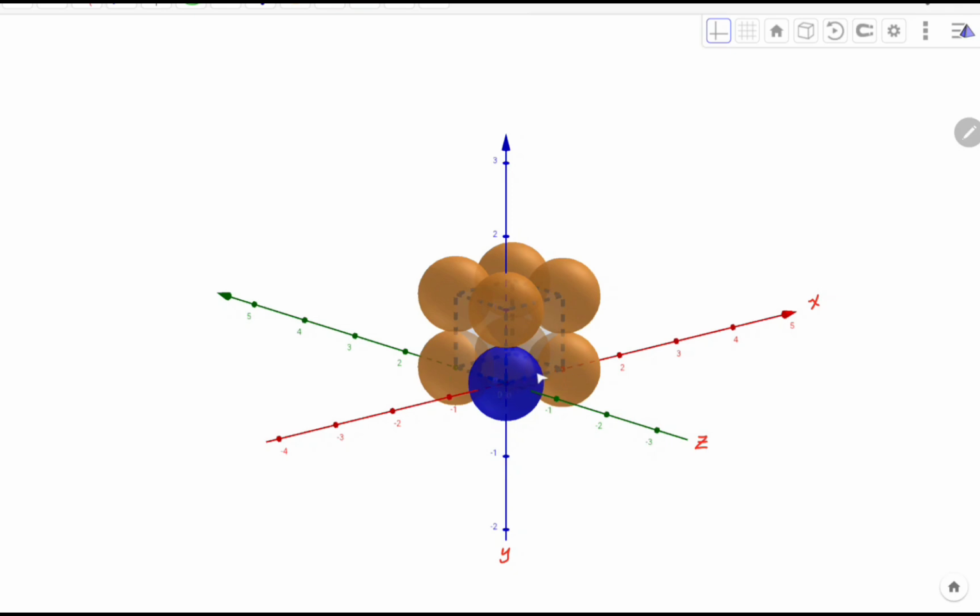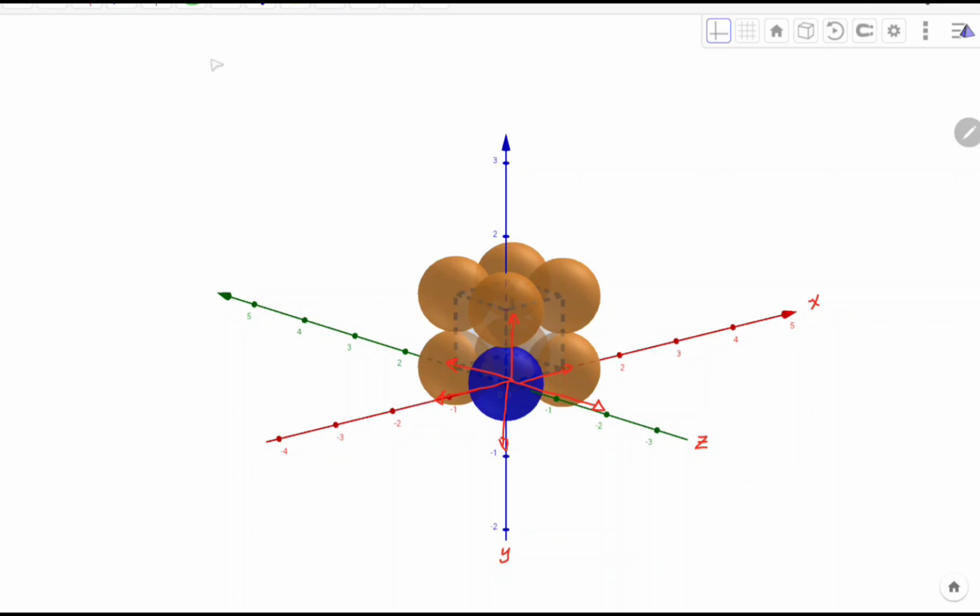The first nearest neighbors are this one here, and there's another one somewhere here, and this one here, and another one on the y-axis right here, and this one here, and another one located somewhere here. So 1, 2, 3, 4, 5, 6. So the coordination number, or first nearest neighbors, for the simple cubic crystal is 6.